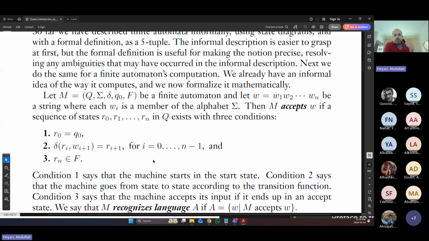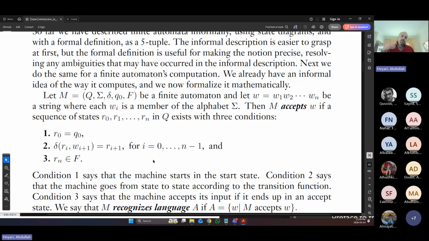In that case, what if machine M can read other strings apart from W, like W to the power 1, W to the power 2, W to the power 3, or countless other strings, and classify them as accepted? The set of all accepted strings is called the language of that machine.